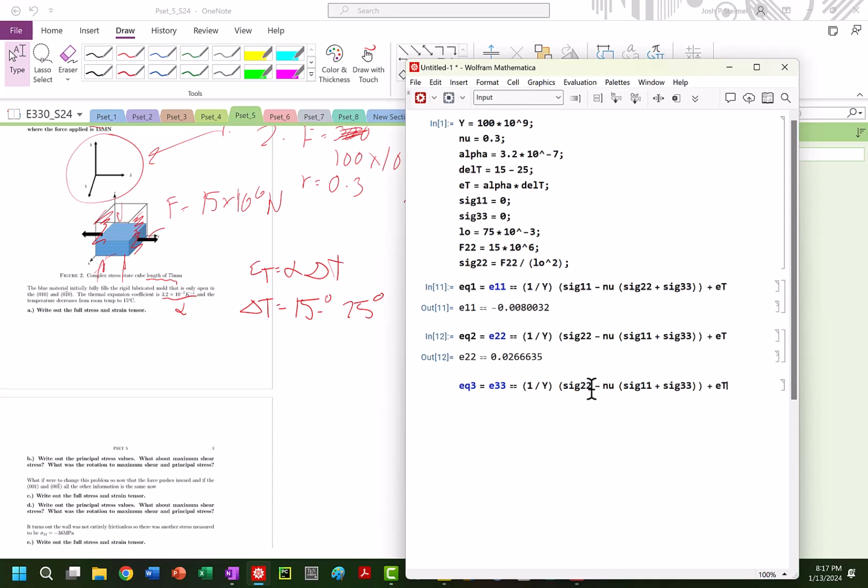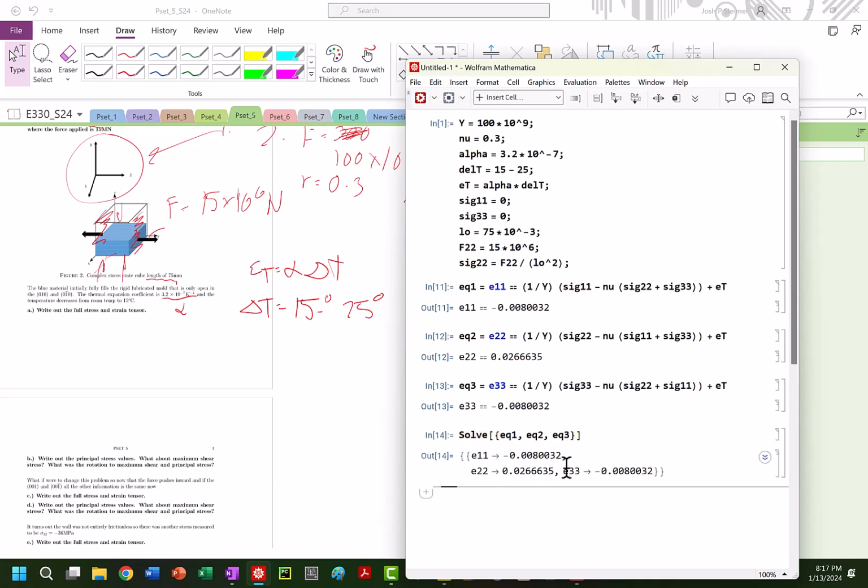And then finally, E33, and now we have sig22, sig11. And there we go. Now we can solve for the unknowns, but we should see it's pretty straightforward. EQ1, EQ2, and EQ3, and we get our values.